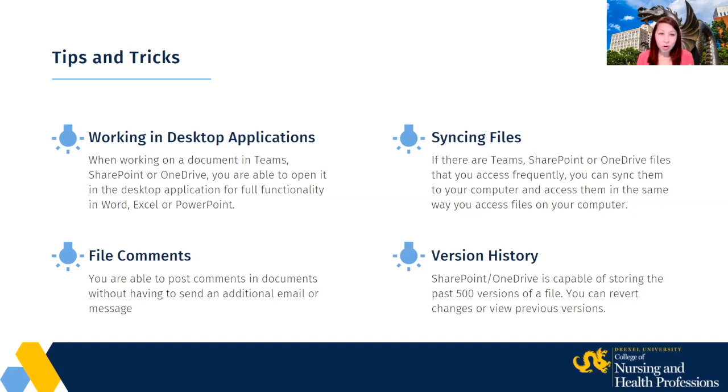All of the documents, when you open them up, at the top of the document you'll see an opportunity to click on that to open the desktop application, which is a really nice option because then you get the full functionality of Microsoft Word, Microsoft Excel, or PowerPoint, anything that you're using, instead of having to work in either the browser window or the Teams window, which sometimes hides things if it's in the margins or in the background. So it's really nice to be able to open up the full document and see all of the revisions or images that might be included.